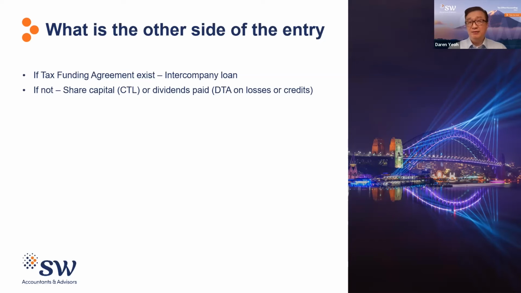If you don't have a tax funding agreement in place, then the credit goes to the share capital account, a fictitious equity account. In relation to deferred tax assets on losses and credits, the other side of the entry is a dividend payment. So that confuses the accounting, and therefore we strongly recommend that when you enter into a tax consolidation regime, you put in place a tax funding agreement.